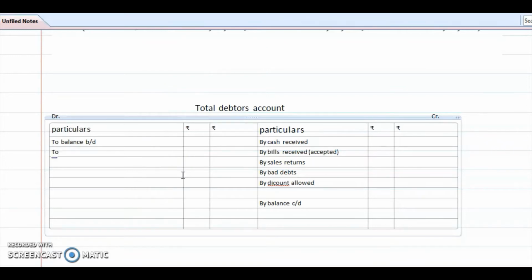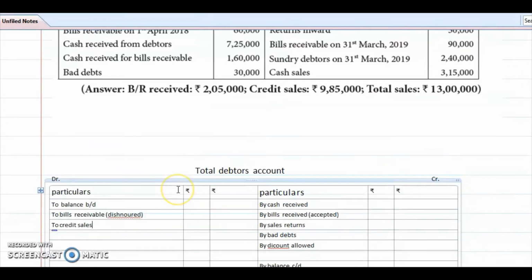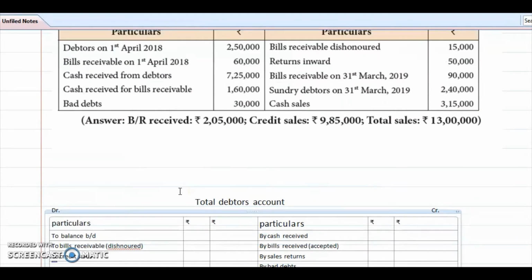To bills receivable which is dishonored. Then credit sales. So to balance.